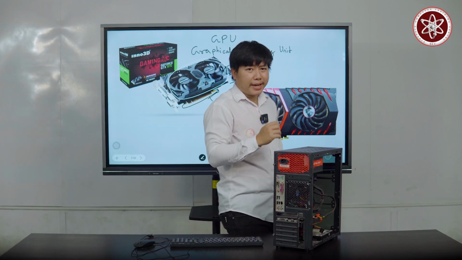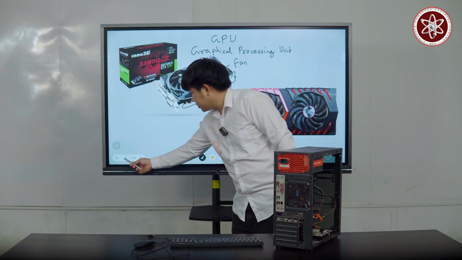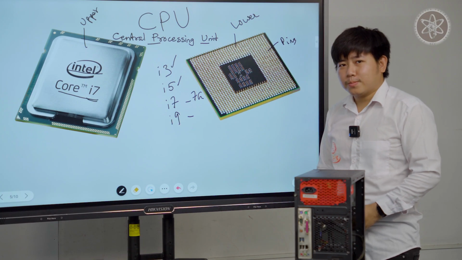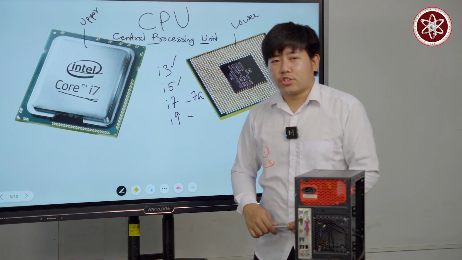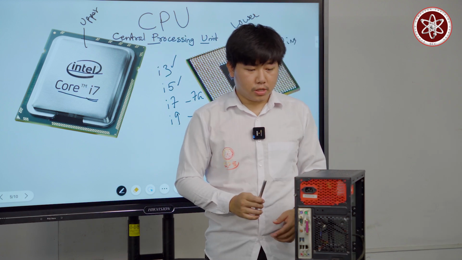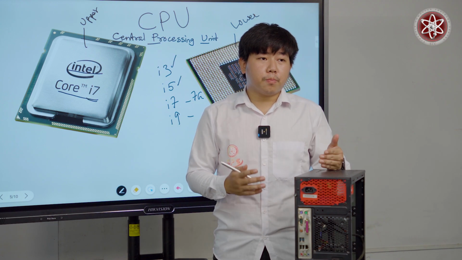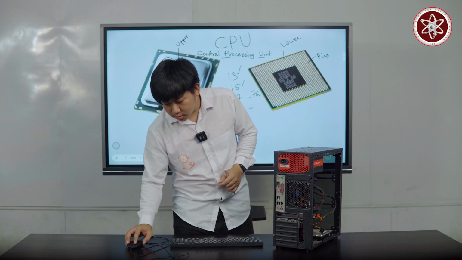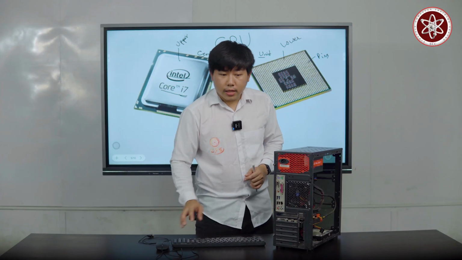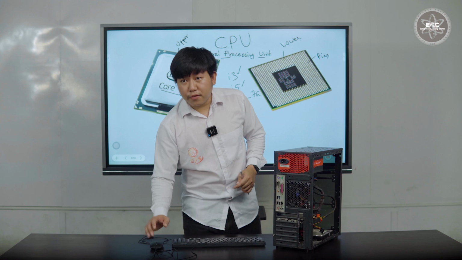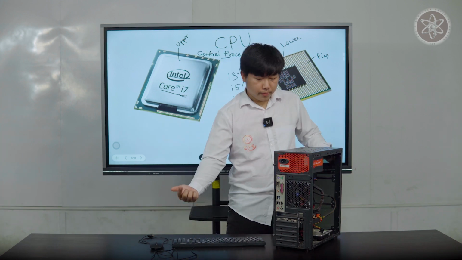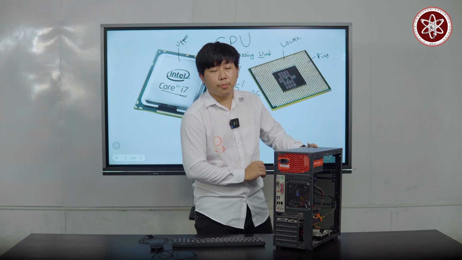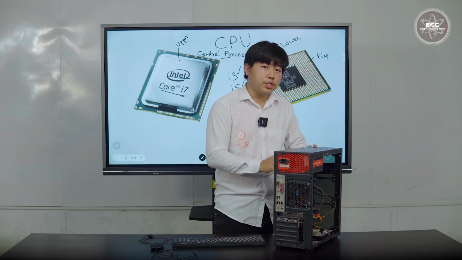So let's go back to the CPU again. What does CPU do? CPU is actually the brain of a computer, and it processes everything we do. Let's say I move a mouse a little bit to the left side, and that information is sent to the motherboard, and from the motherboard to the CPU.